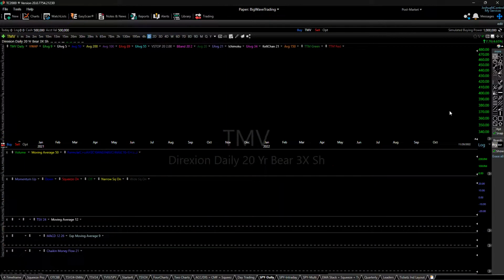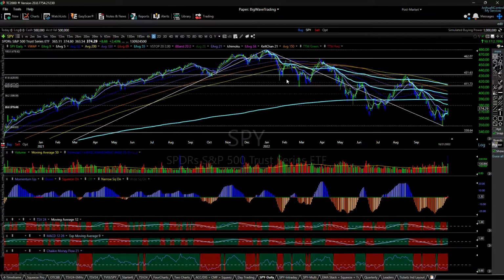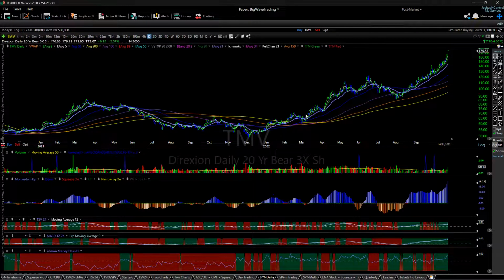We're going to really show you this chart, the TMV. I've told you guys that this thing is starting to get very parabolic. One of the reasons why I think we could have a big bounce in the market all year long: whenever this bounce happened in March and this bounce happened in June, I want you to see what was happening with yields. Falling. But instead, yields are flying.